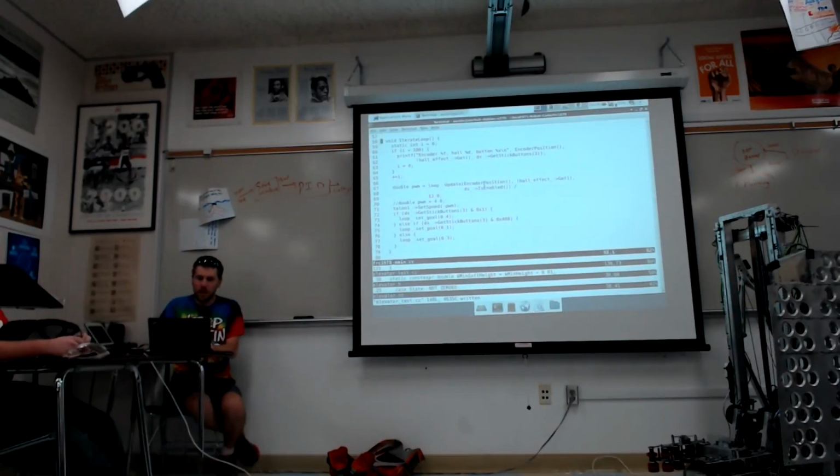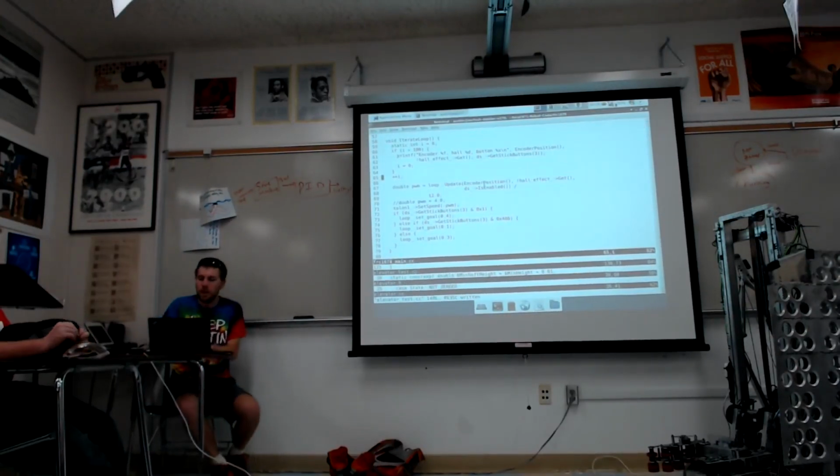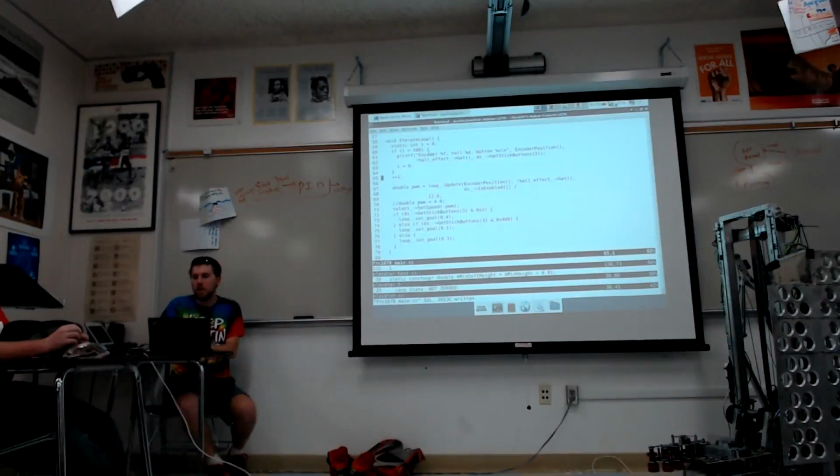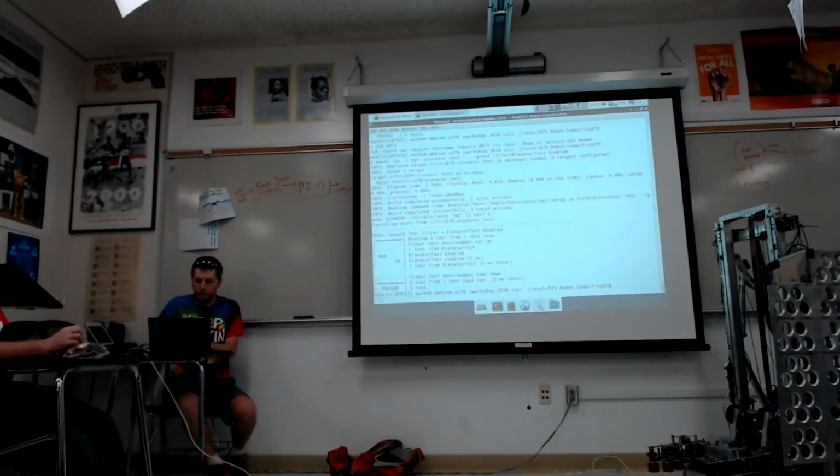Okay. So then we're going to start by turning it on disabled, and we're just going to print out the encoder value and the Hall effect.